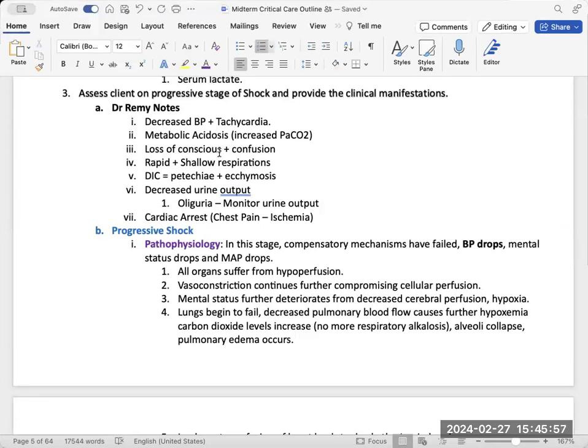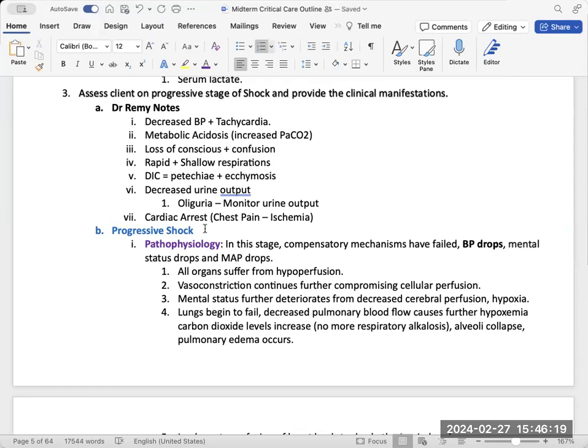Potential loss of consciousness, metabolic acidosis, rapid and shallow respirations, DIC, and they could also have chest pain because of the lack of perfusion. Remember, shock is caused by hypoperfusion, or lack of perfusion to the tissues, to the organs. So they can also have chest pain.